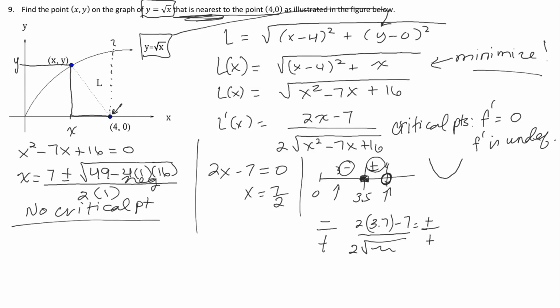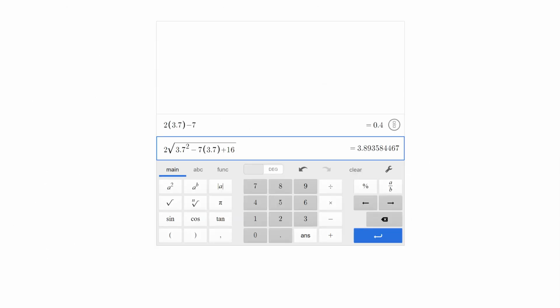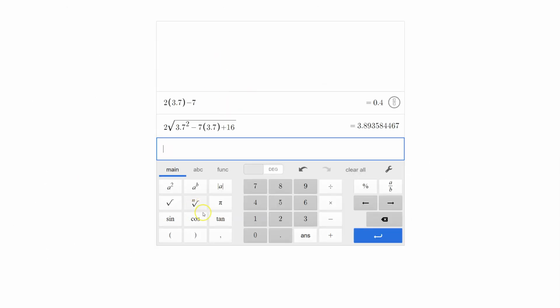So there's a minimum right here at 3.5. That is our minimum x value. If x is 3.5, then y is the square root of 3.5. Using decimals, the square root of 3.5 is 1.87.